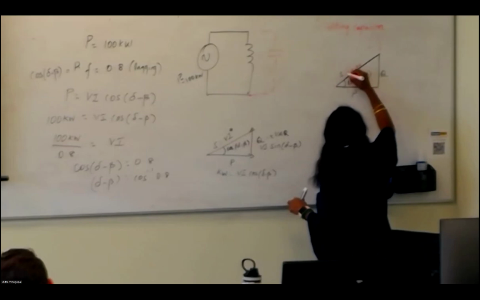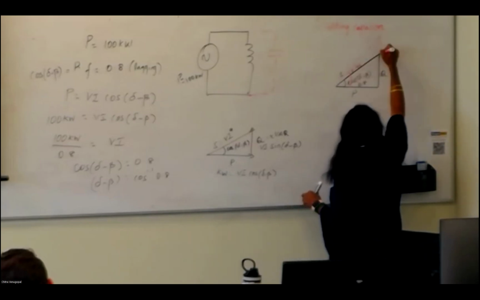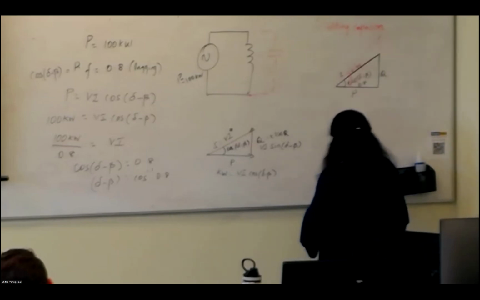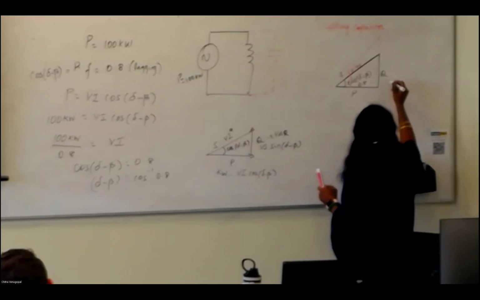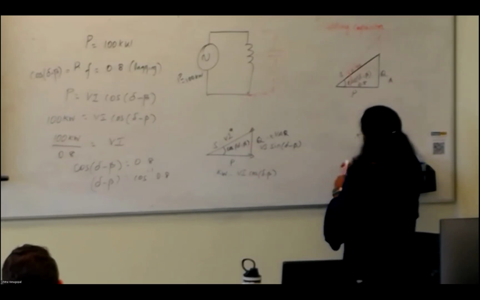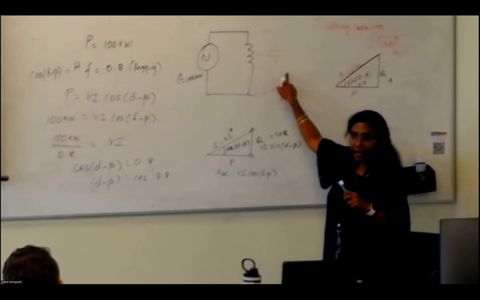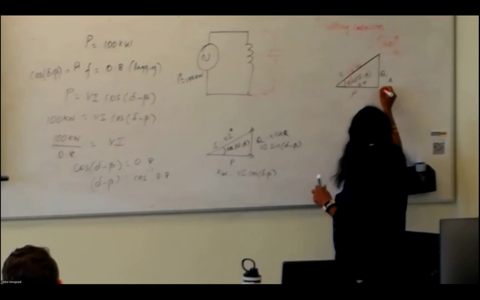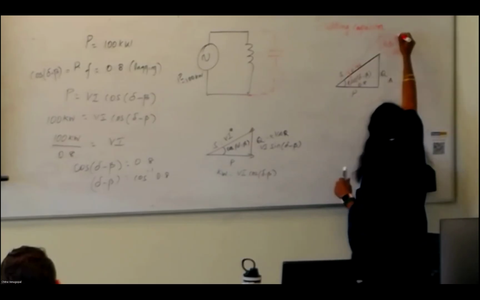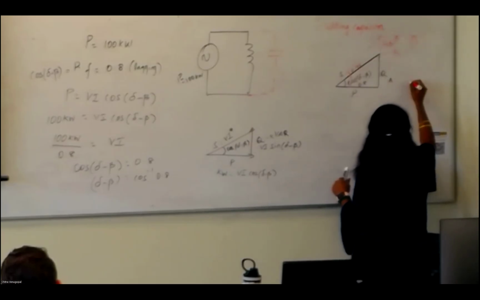When it is changing to 0.95, it's going to change from QA to QB. So this is the amount of reactive power you are adding by adding the capacitor, so that your total reactive power can change. This is QT.